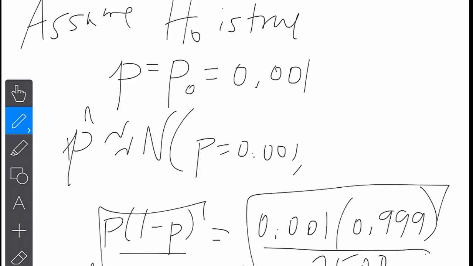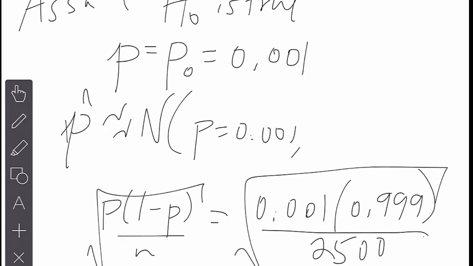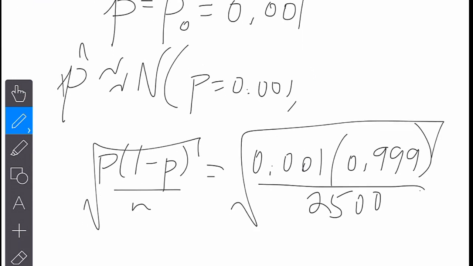Punching that in, you get 0.0006, 4 decimal places. You should be doing this with me. I'm giving you enough time.